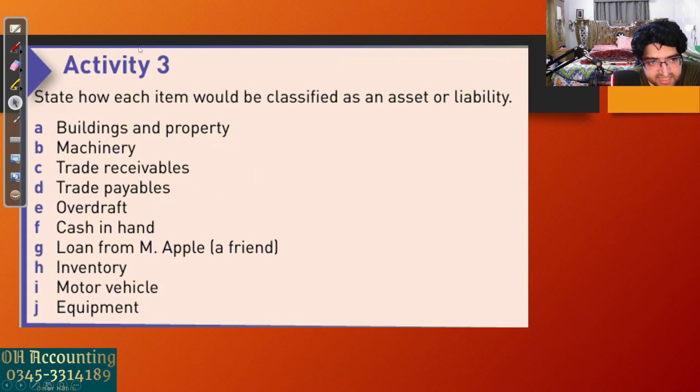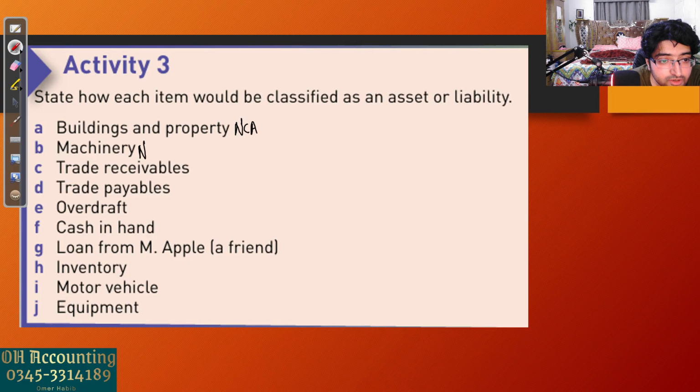Activity 3. State how each item would be classified as an asset or liability. Now we also know what non-current assets and current assets are, and what non-current liabilities and current liabilities are. So we will also specify that. Buildings and property are non-current assets because our intention is to use them for more than 1 year.